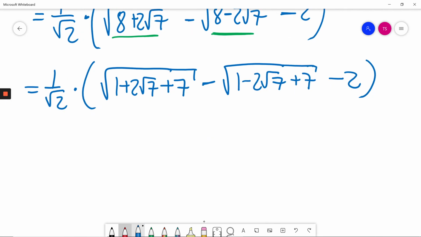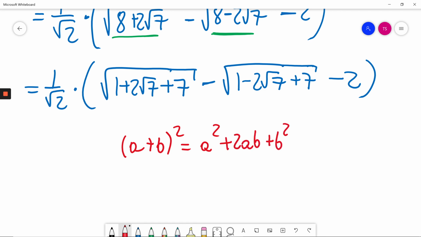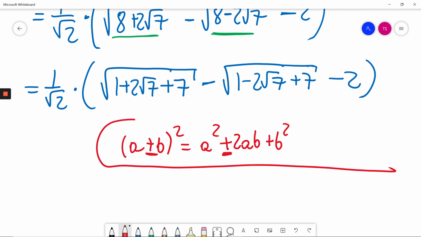now I know the formula for a plus b squared. This is equal a squared plus 2ab plus b squared. If it's a minus b, minus is here. So I'm going to use that formula.